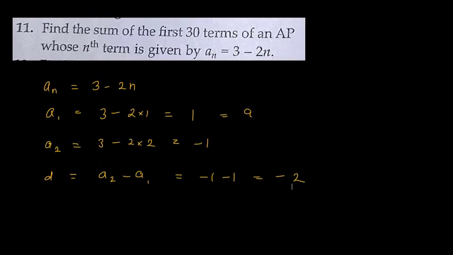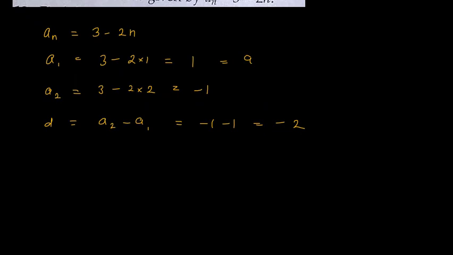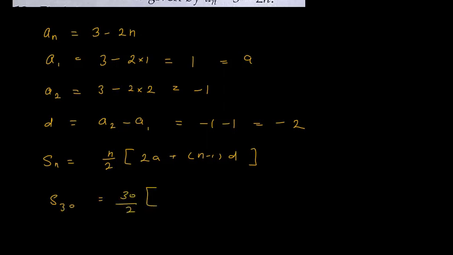Now you have to find the sum of the first 30 terms. The formula for Sn is n divided by 2, in brackets 2a plus (n minus 1)d. So S30 will become 30 divided by 2 into (2 into the value of a, which is 1, plus n minus 1, that is 29, into the value of d, which is minus 2).